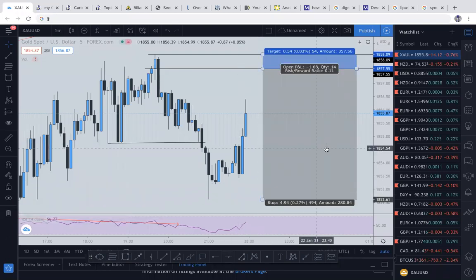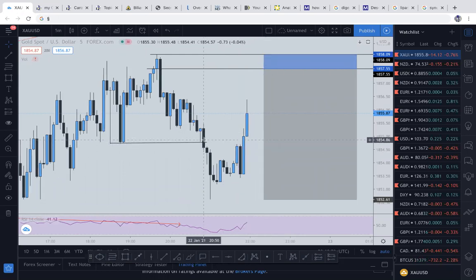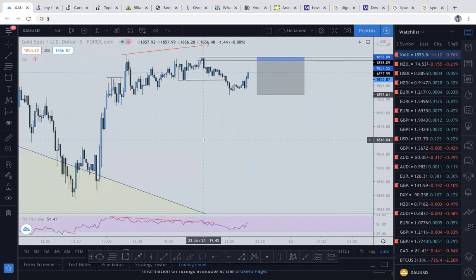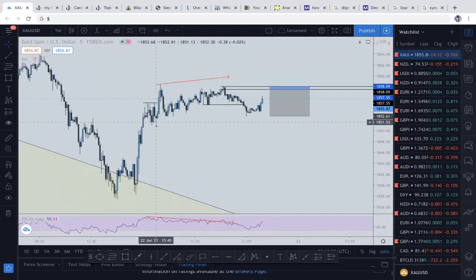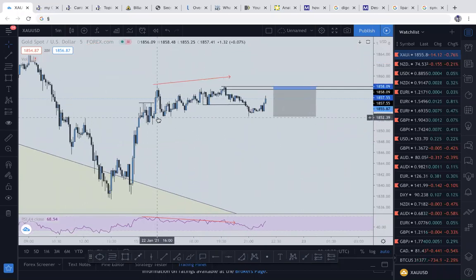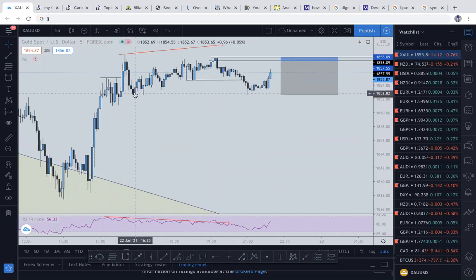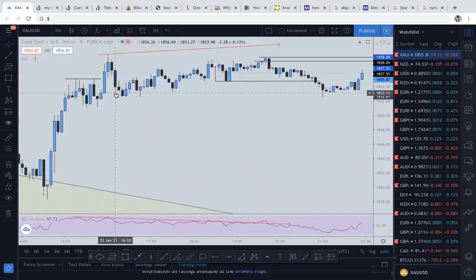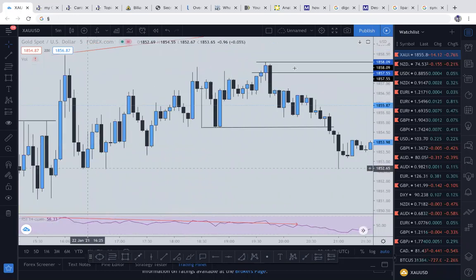The reason why I'm putting the target there is because I cannot confirm that this area is fully broken. Why? Because this was the last low that created the last low right here that created this high.